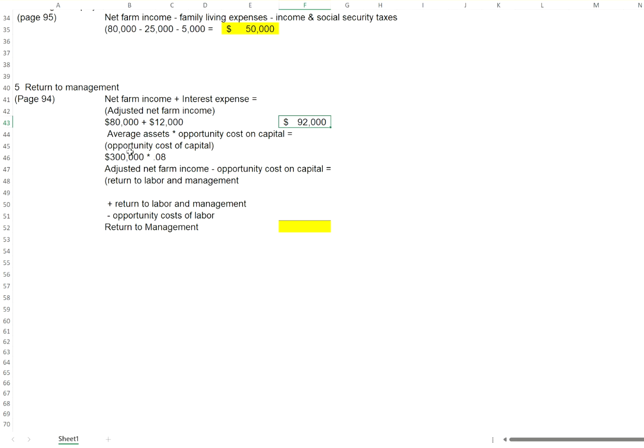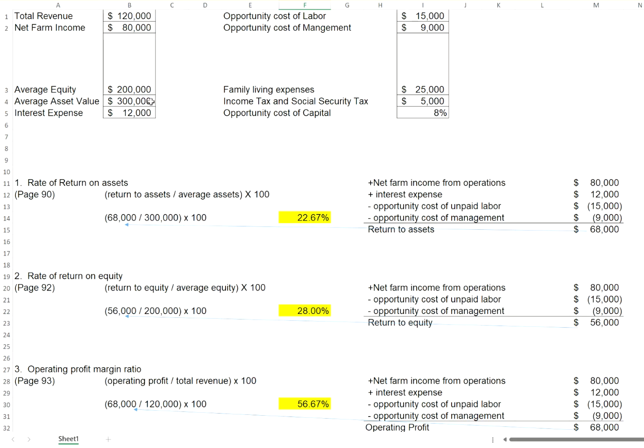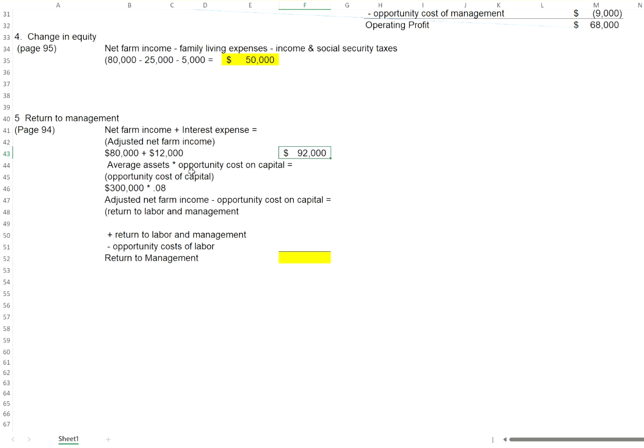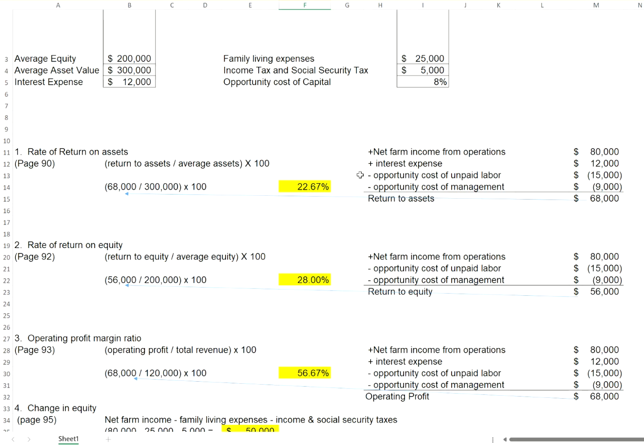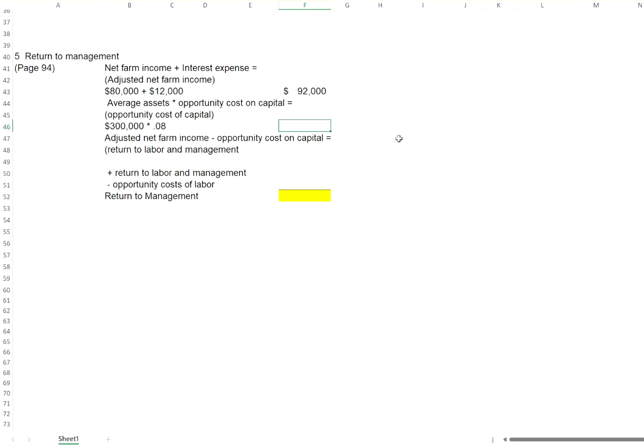Next, I need to calculate the opportunity cost of capital. That will take your average assets, which are given at the very beginning as 300,000, times the cost of capital, which was given at 8%. That would be $24,000.